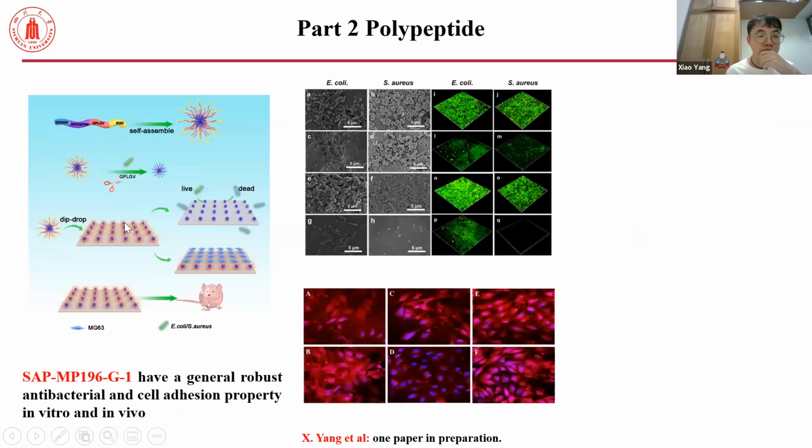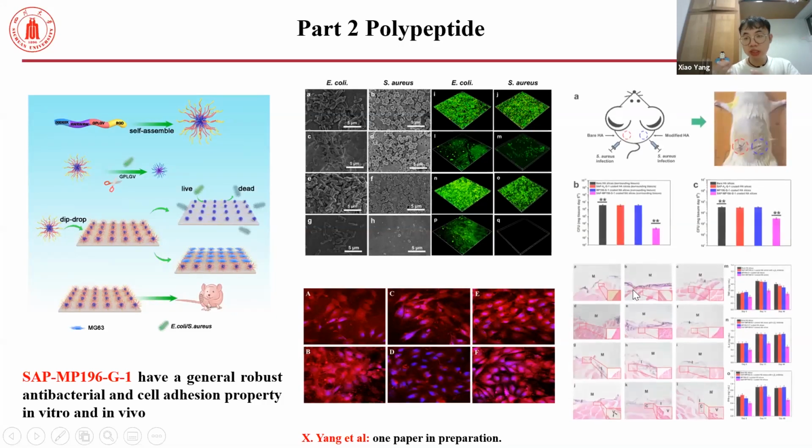And when the bacteria come, the enzyme will cut down this part, and the antibacterial peptide will be exposed. So it can kill the bacteria. When no bacteria come, the RGD was outside, so it can be used for cell adhesion.